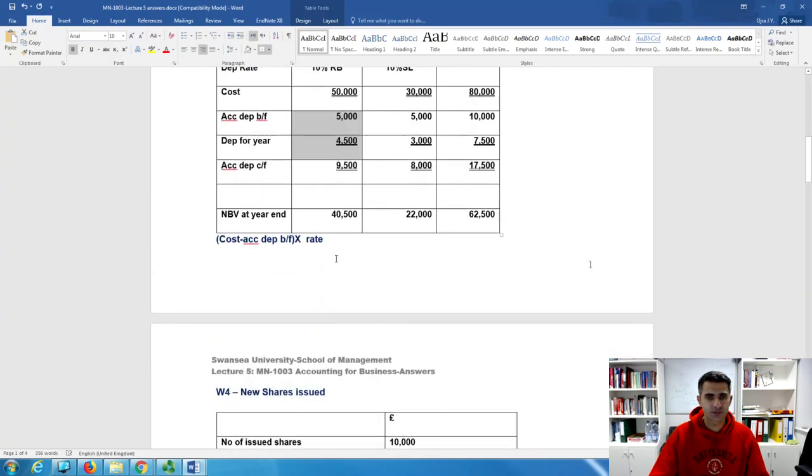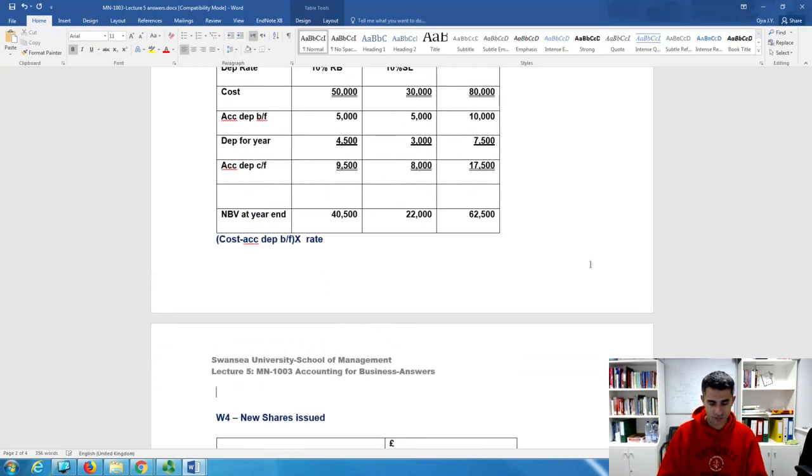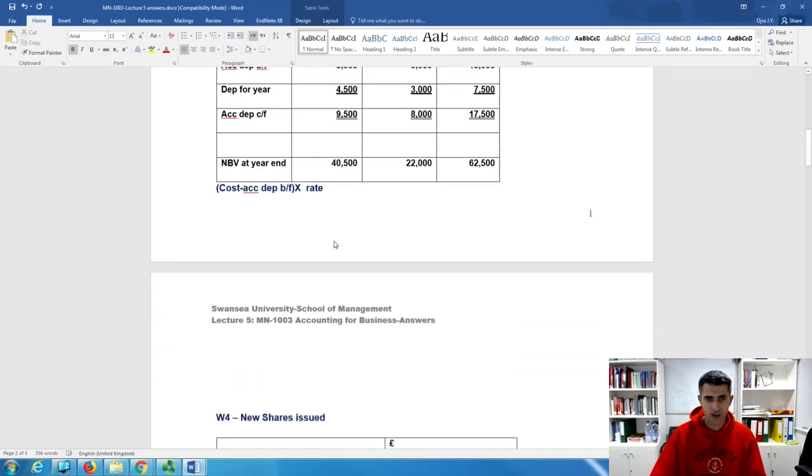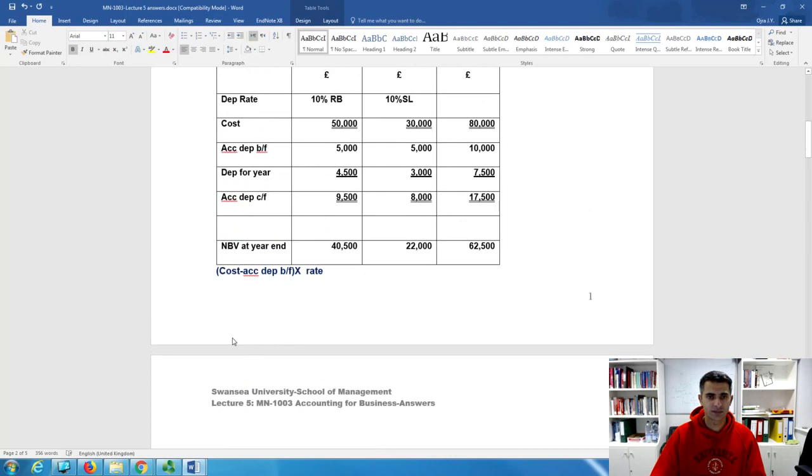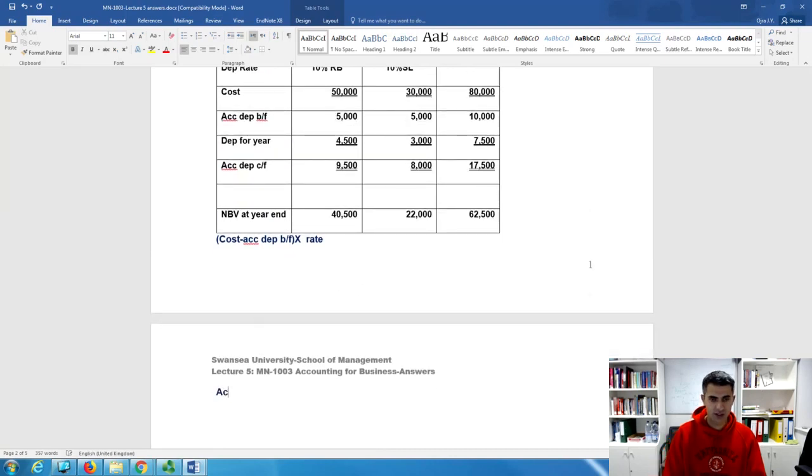So accumulated depreciation carried forward equals accumulated depreciation brought forward plus depreciation for the year.